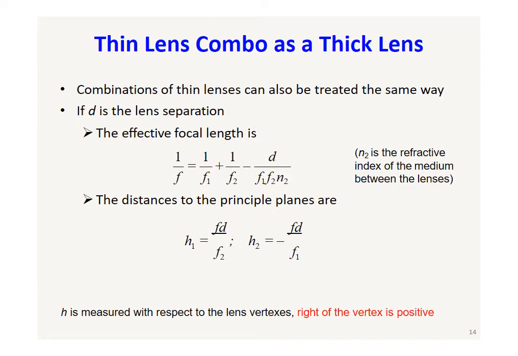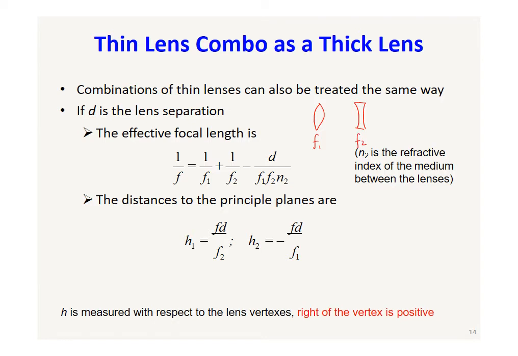We can also treat a compound lens in this same thick lens way. So we can find the effective focal length of a combination of lenses. So we might have a lens here with focal length f1 and another lens here with focal length f2.